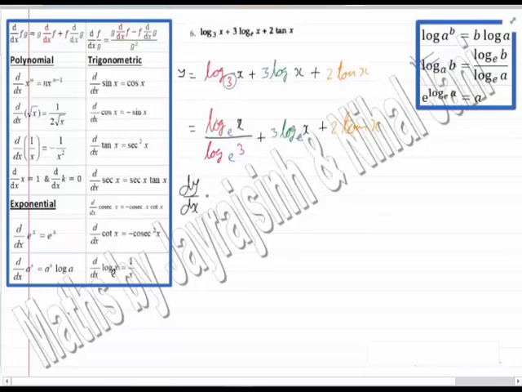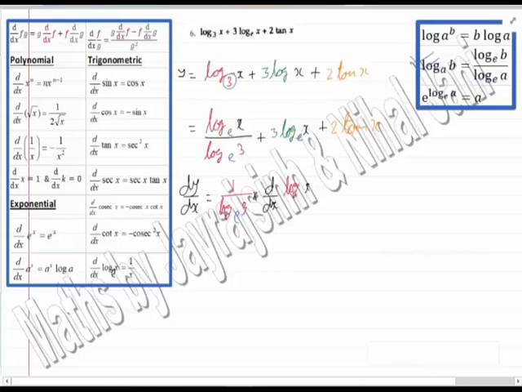Let's differentiate. Here log 3 base e will be considered as a constant term, so we don't have to worry about the log 3 base e. Okay, we just have to focus on the differentiation of function of x, which is log x, right? So we are going to differentiate only log x.